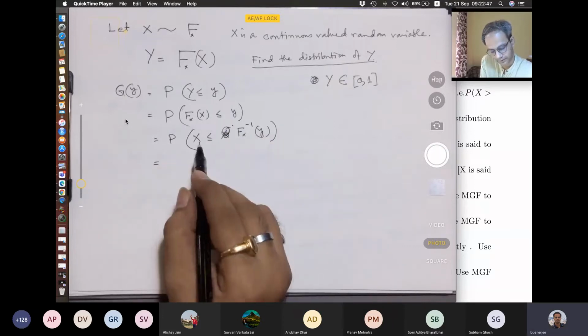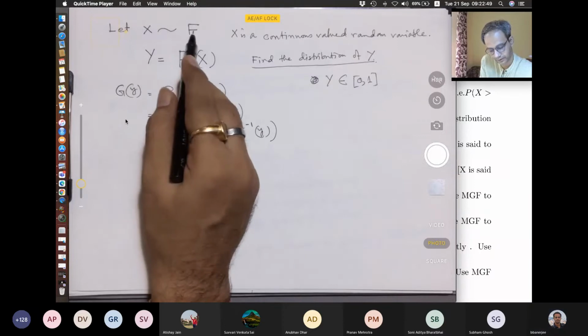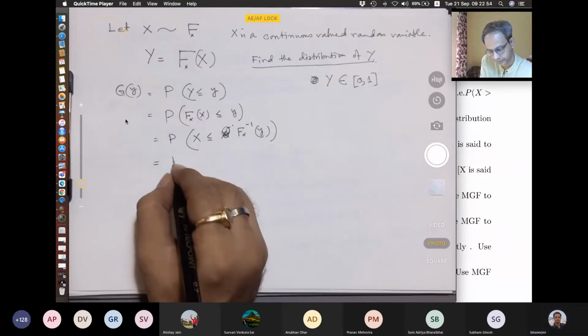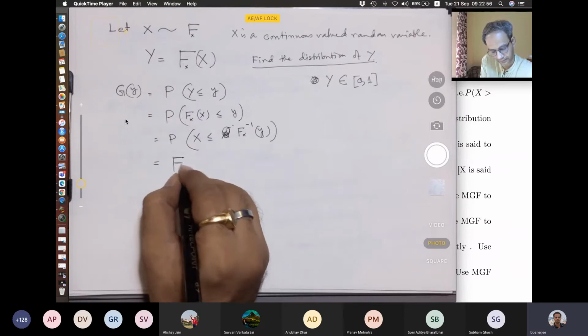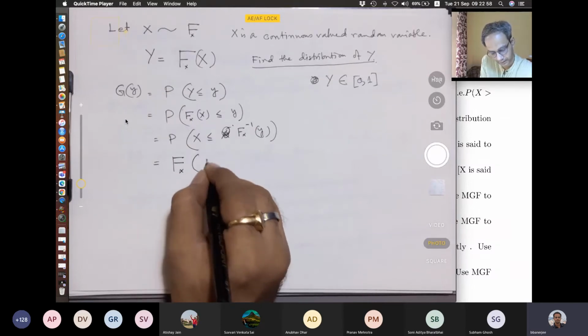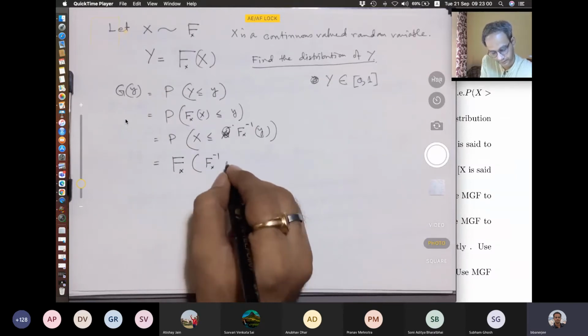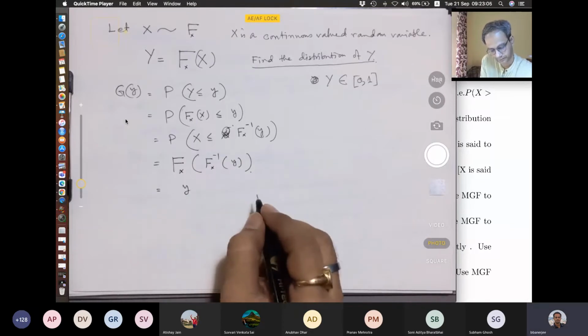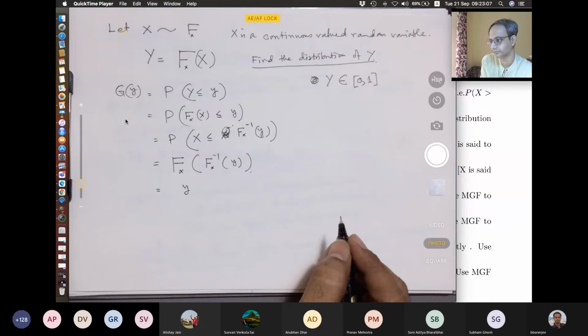Now X follows this CDF, so this is F_X of F_X inverse of small y, which is y. Now tell me, what will be the distribution?